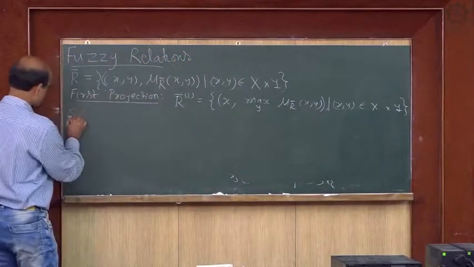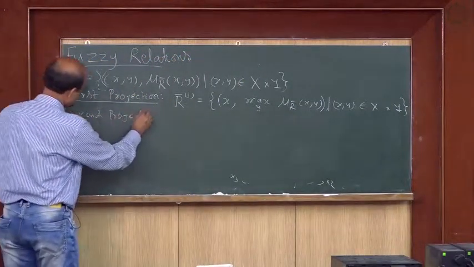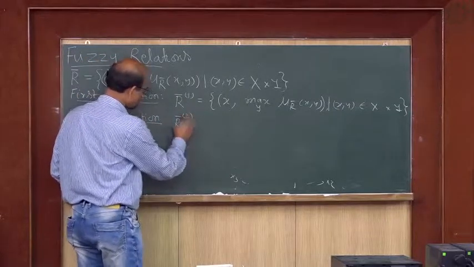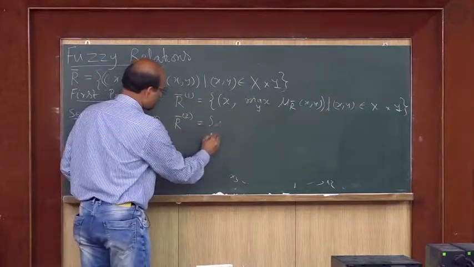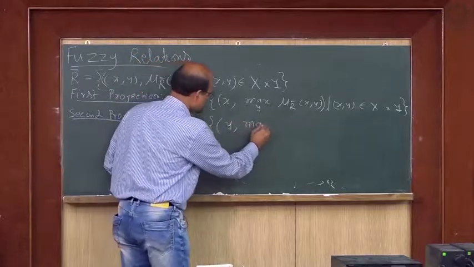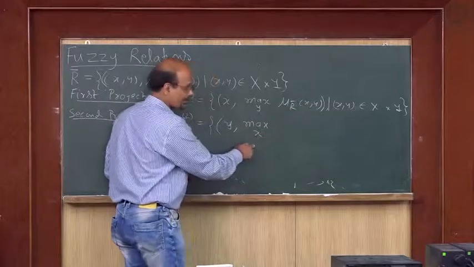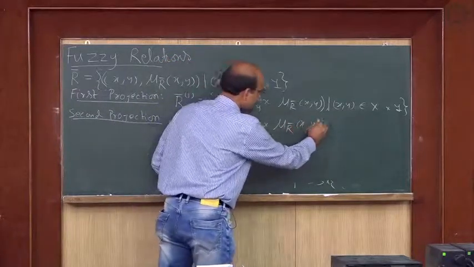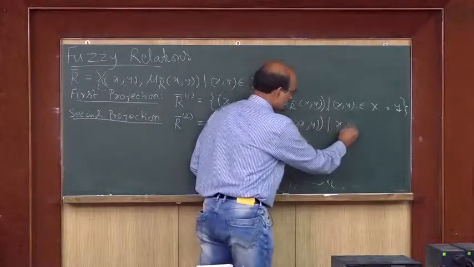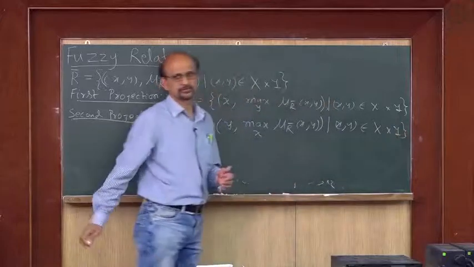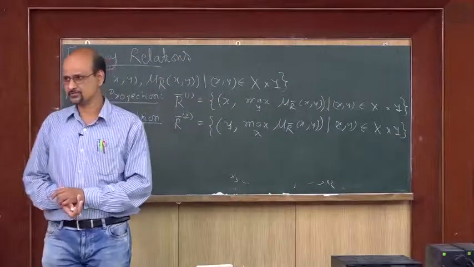Second projection, similarly, we denote by R bar 2, and this is just the alternate. This is y, maximum over x of mu R bar x y, such that x y belongs to X cross Y. This is your second projection.